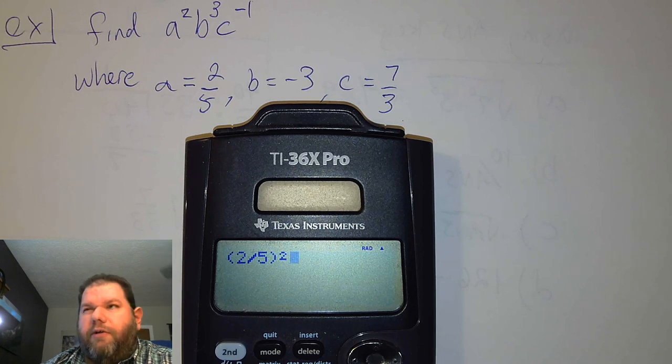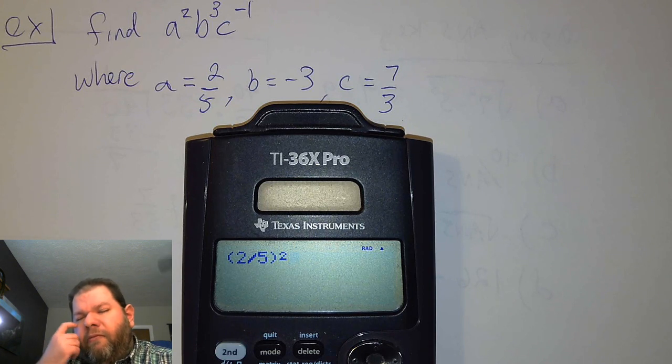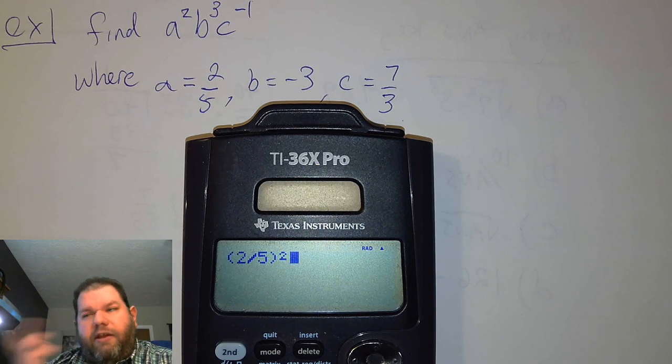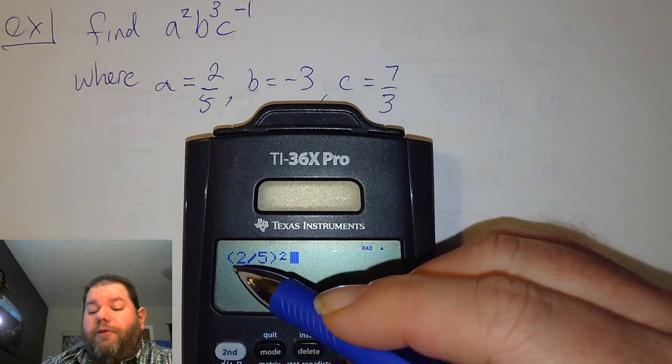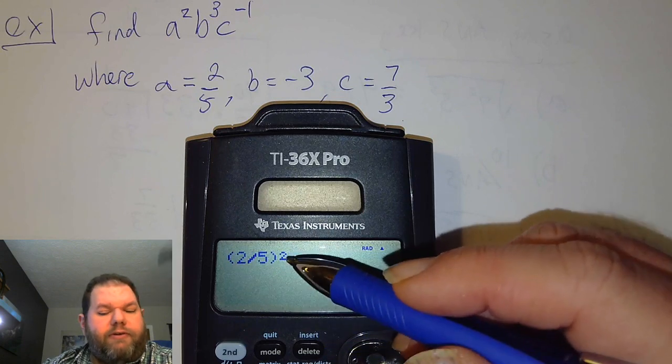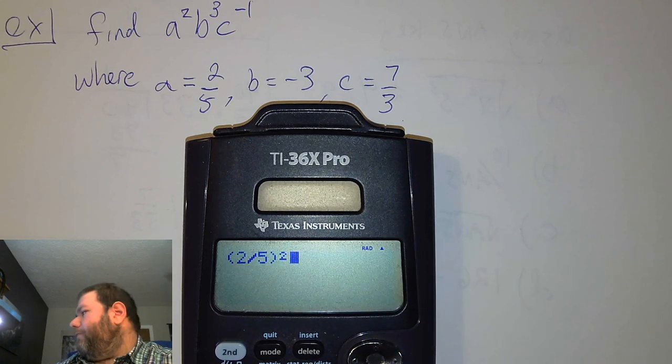Whenever we enter a fraction and that fraction is raised to an exponent, it actually depends on the calculator. Some calculators do it naturally, other calculators may only do one part but not both parts. I would say to err on the side of caution and just go ahead and put the number in parentheses before we raise it to a power. Okay.